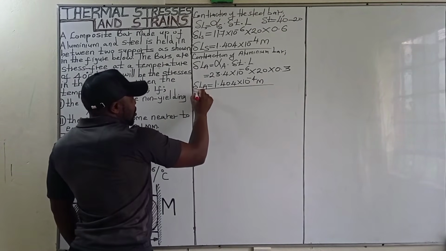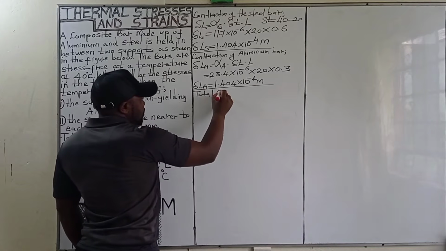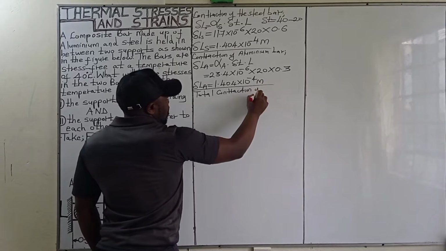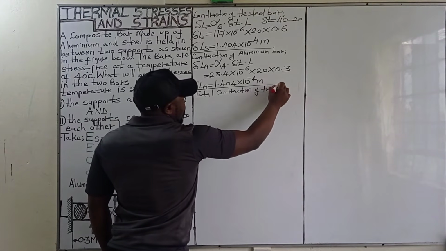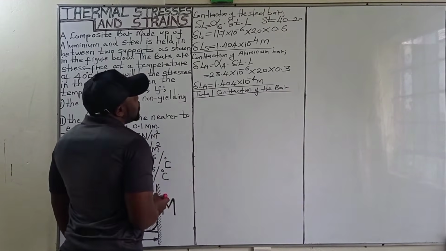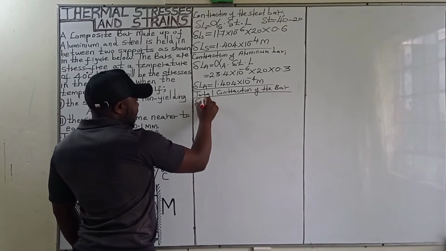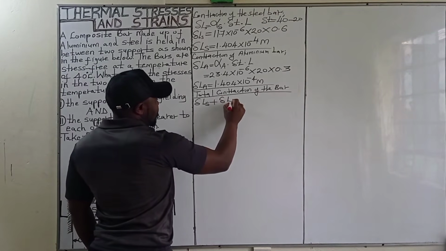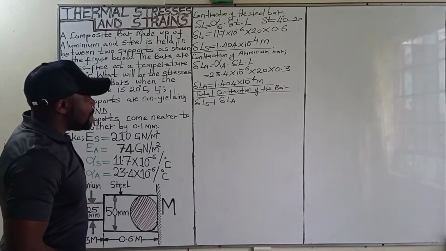Therefore, the total contraction of the composite bar will be given by the contraction of the steel bar plus the contraction of the aluminium bar.